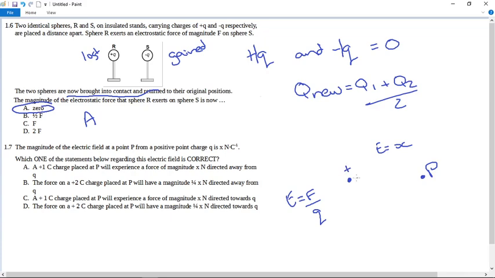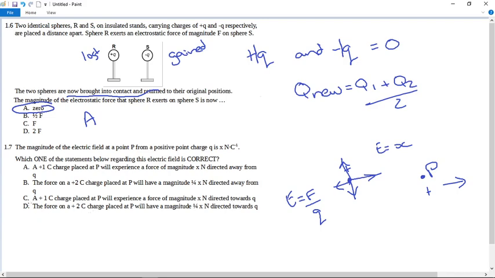So if this was a positive point charge and we drew the field lines, they show which way a positively charged object would move. So positively charged objects are going to move away from another positively charged object. So the field at P, if I put a 1 coulomb charge here, the field will be going away, okay? So we want an answer with a direction away.